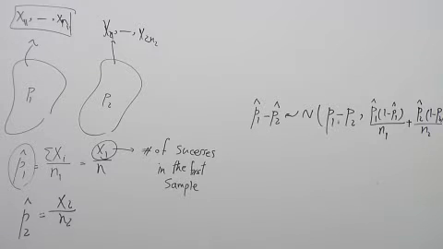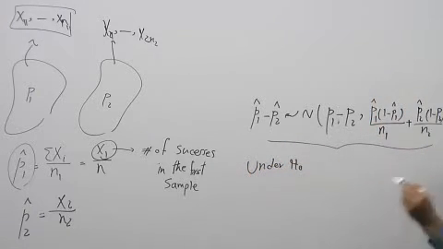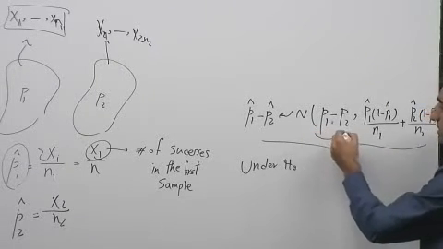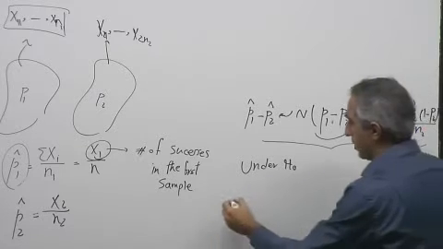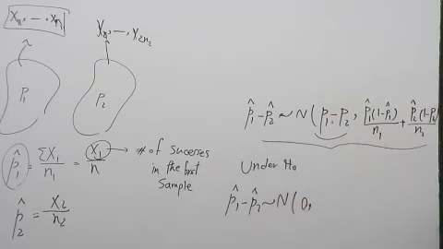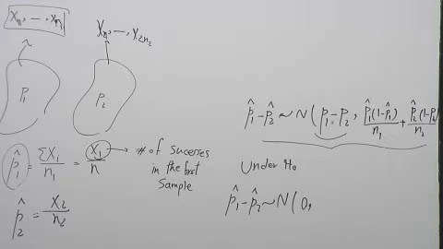Now, let's see how this changes under H null. If H null is true, what does it mean? P1 and P2 are equal. So I can say P hat 1 minus P hat 2 follows a normal distribution with mean 0 under H null. How about this guy? If P1 and P2 are equal, their corresponding variances also should be equal. So now you can see I have two samples, both of them trying to estimate the same variance. Have you seen this situation before?